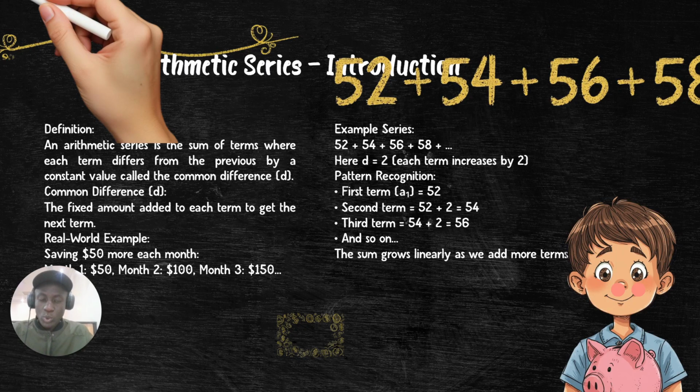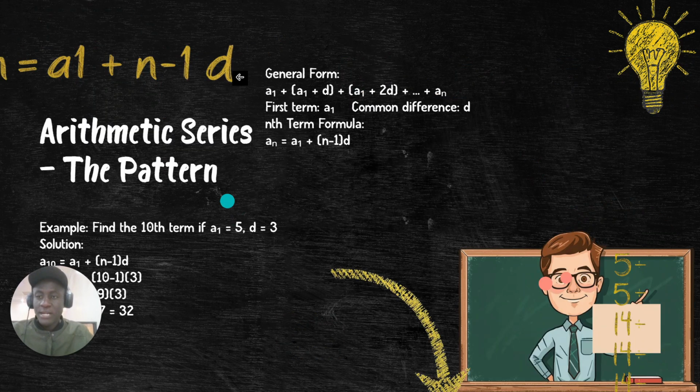The second term is equal to 52 plus 2, and the third term is the same, and so on. The sum grows linearly as we add more terms. Let us proceed.